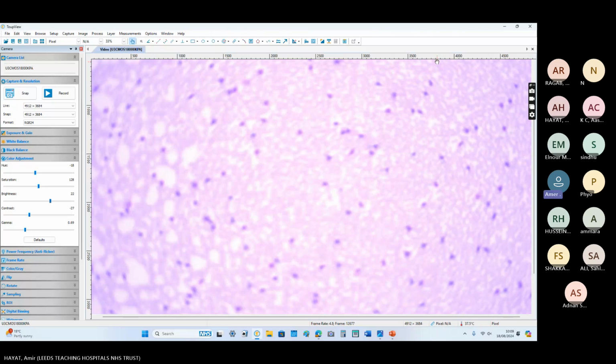Then MRD monitoring of the ALL by flow or by mutation. And then what if the ALL patient relapses, what would you do then?